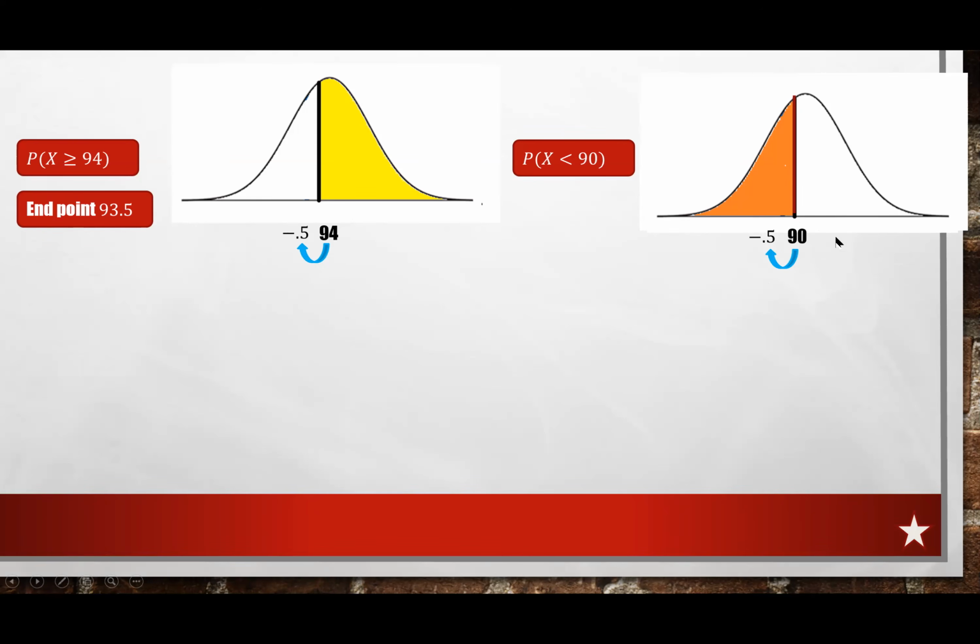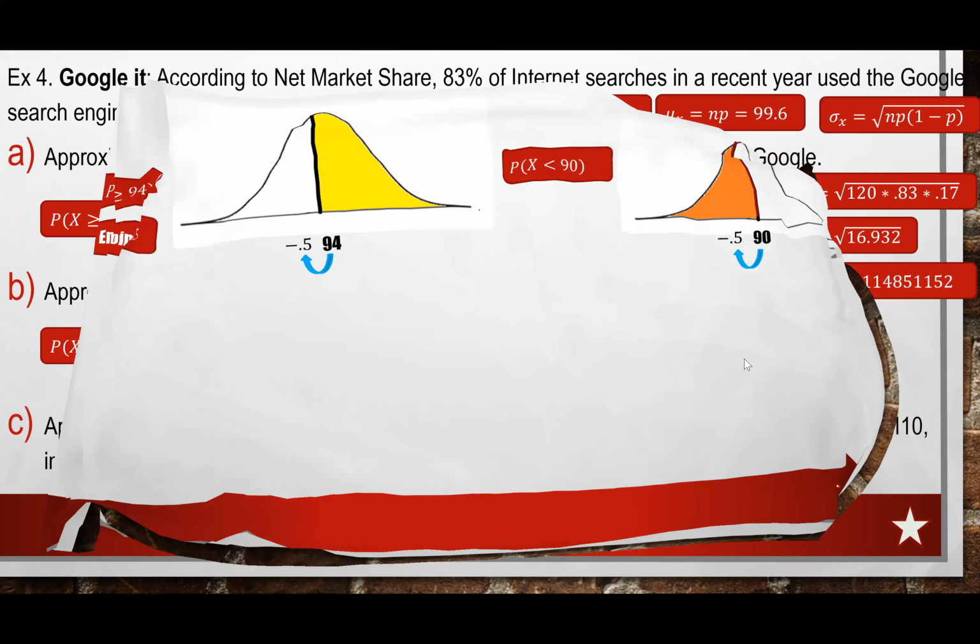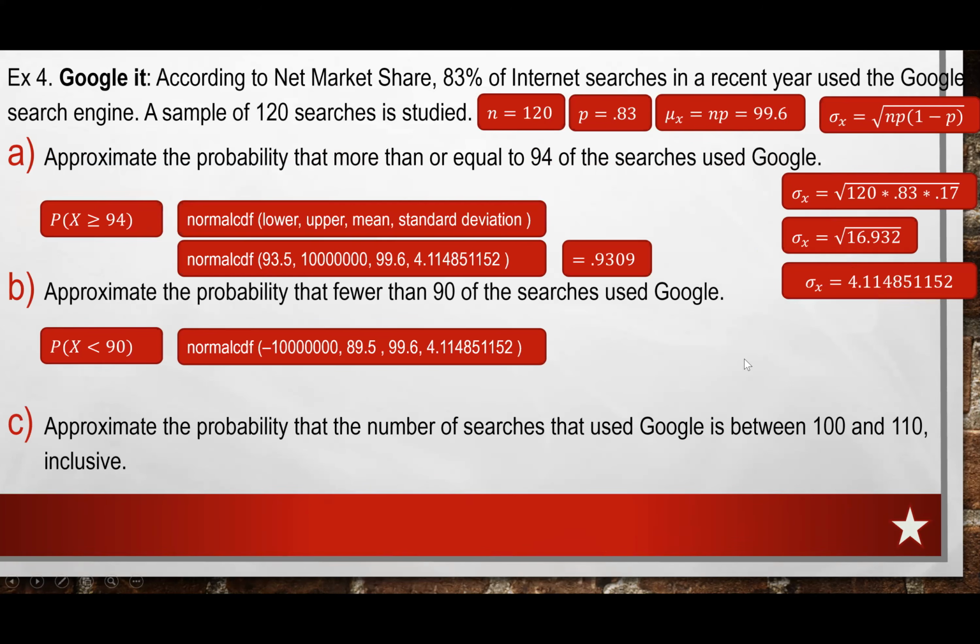If we move it to the right, we include the 90. Okay, so that's why sketching this is very unique and needed, so that you can have an idea of which area we're looking for.